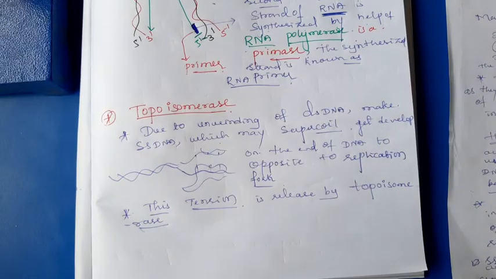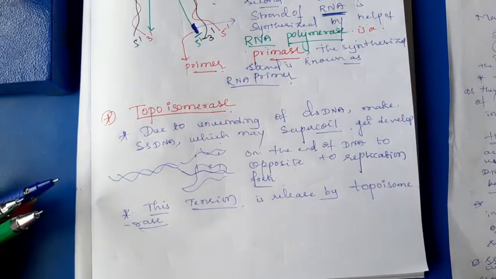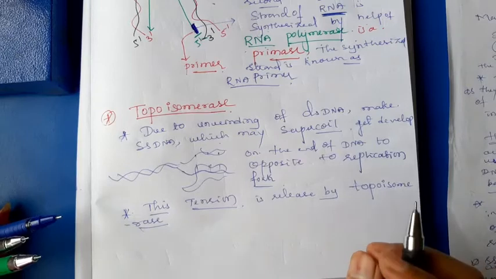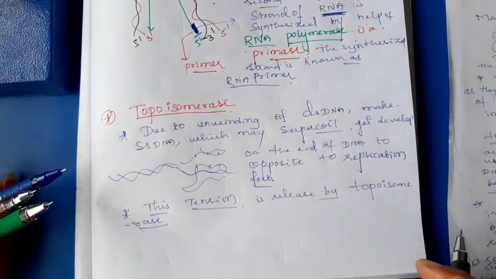Okay. Topoisomerase is an enzyme which releases the supercoiling formed by the single stranded DNA.